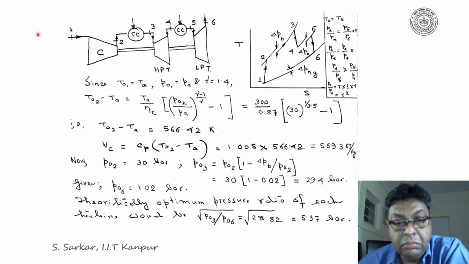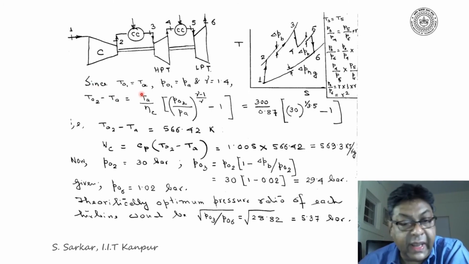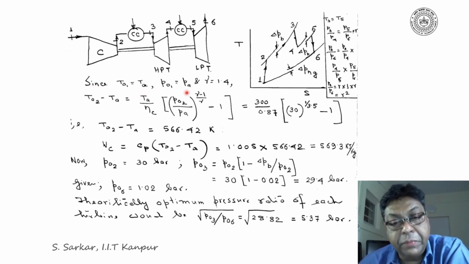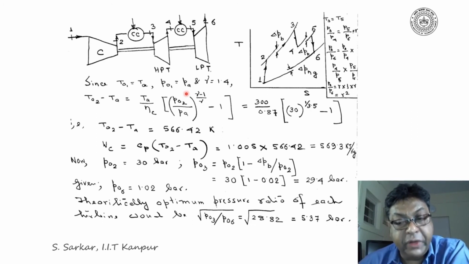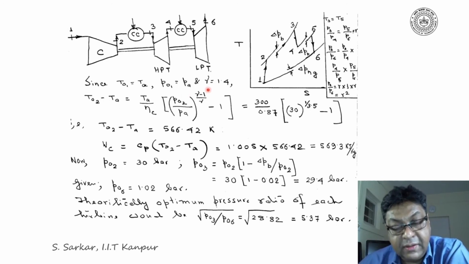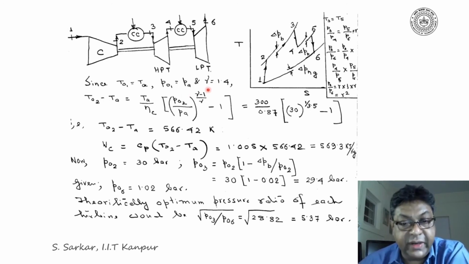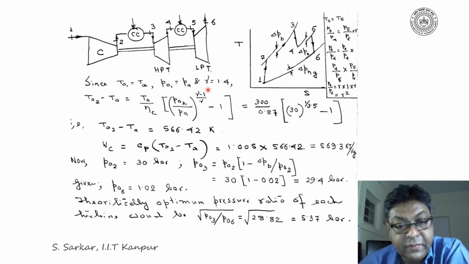Now, after explaining the TS diagram, I can say T01 is equal to TA and P01 is equal to PA. TA and PA be the atmospheric temperature and pressure, and gamma of air can be considered as 1.4.